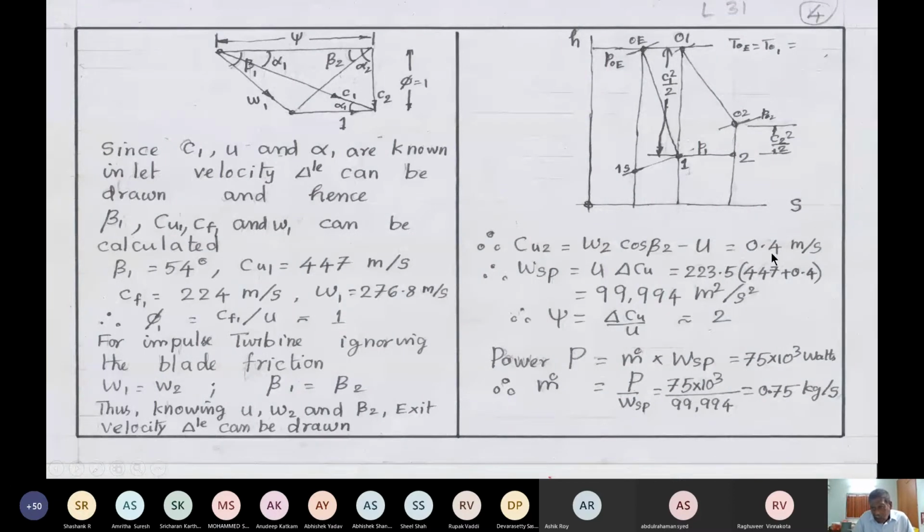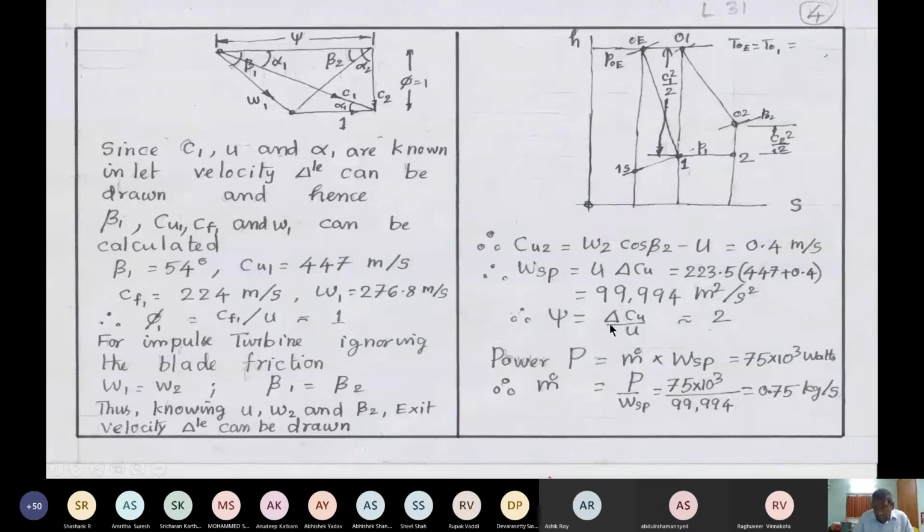It is almost 0. That is why C2 is indicated here as almost axial. So now specific work can be calculated, U delta Cu. So that comes to 99,994 meters square per second square, almost a lakh.